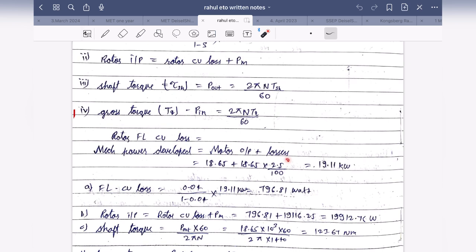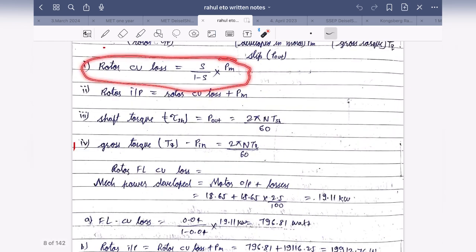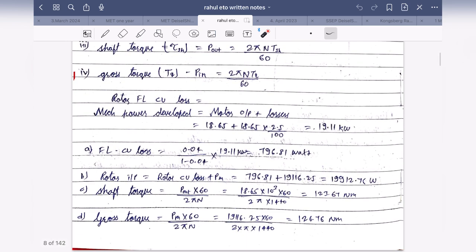So 2.5% of 18.65 plus 18.65 gives the total mechanical power developed, that is 19.11 kilowatt. We can put this value in the formula, so we can get the rotor copper loss. So here is the solution. Full load copper loss is 0.04, the slip, by (1 minus 0.04) into 19.11, we are getting 796.81 watt.